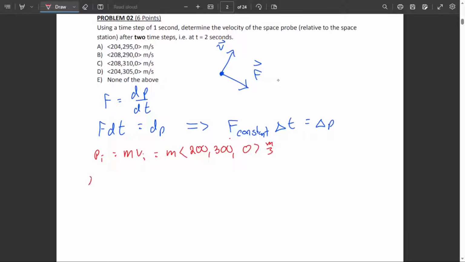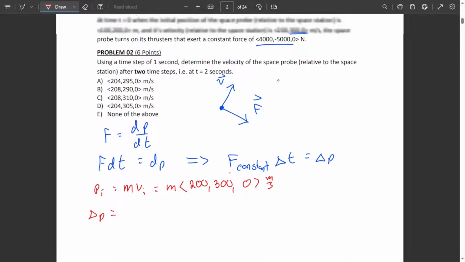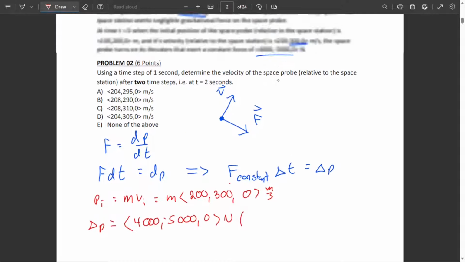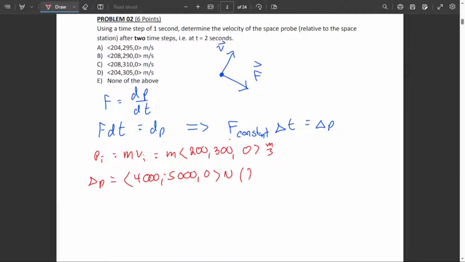The change in momentum is equal to the force times the change in time. The force is 4,000, 5,000, minus 5,000, 0 times 2 seconds.